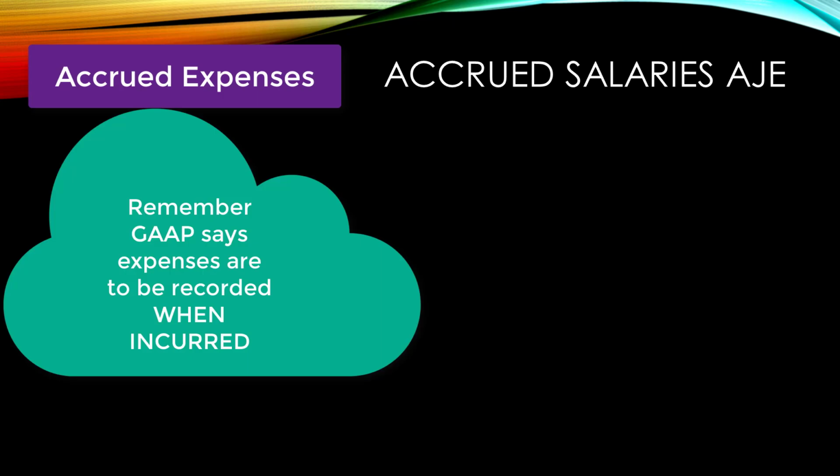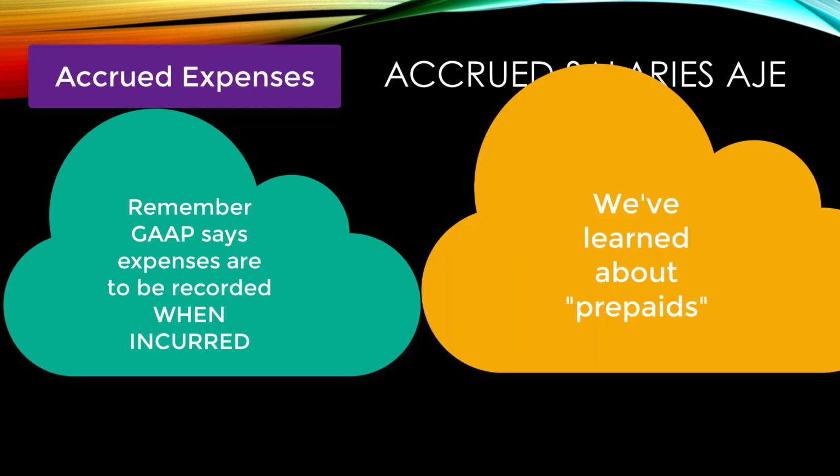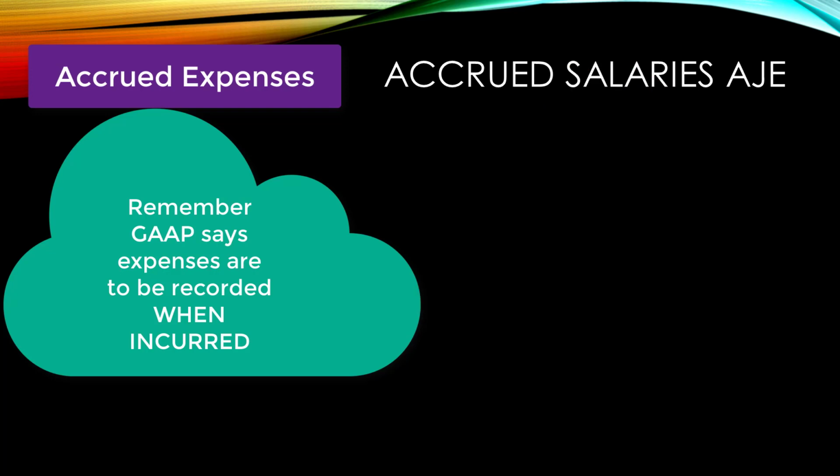Let's now take a look at 3 different types of accrued expenses. Many expense items are paid for, recorded, and used in the same accounting period. However, some expense items are paid for and recorded in one period, but used or they benefit a later period.